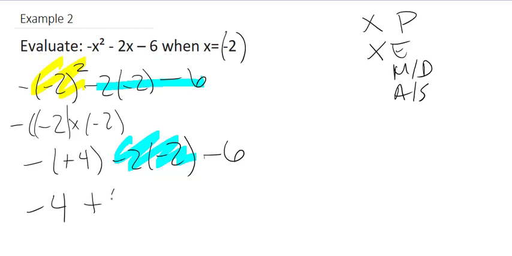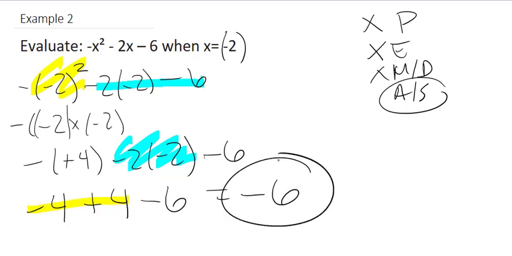So this equals +4 minus 6. So now let's do our final step of addition and subtraction. So we have -4 plus 4, which equals 0. And then we have minus 6. So our total answer is -6.